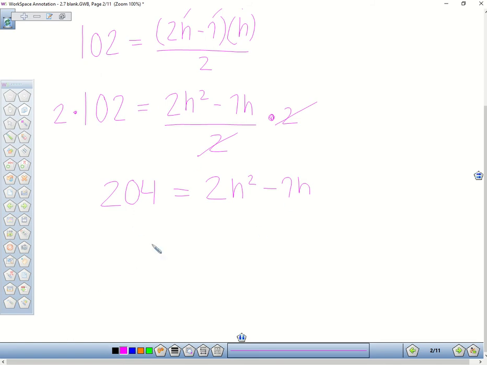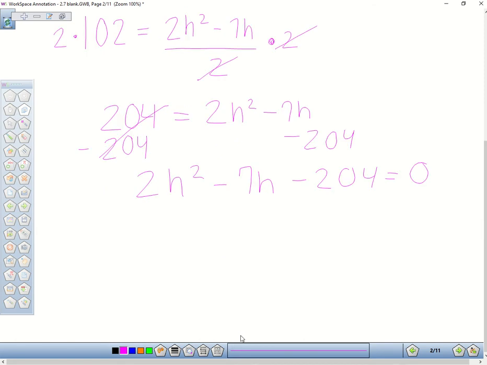So how can I get this into standard form of a quadratic? Good, I can subtract 204 on both sides. And when I do that, I'm left with 2h squared minus 7h minus 204 is equal to 0. So now, anybody have any questions up to this point? Anything that we did?